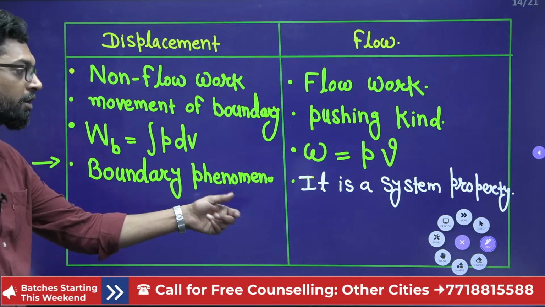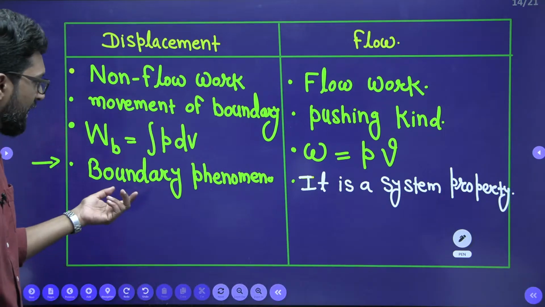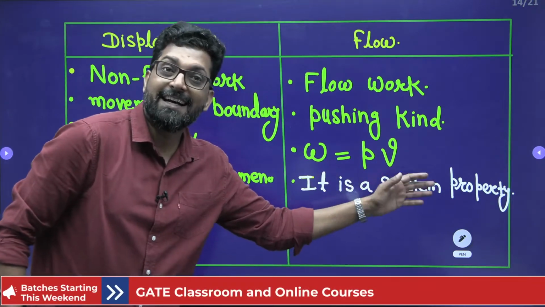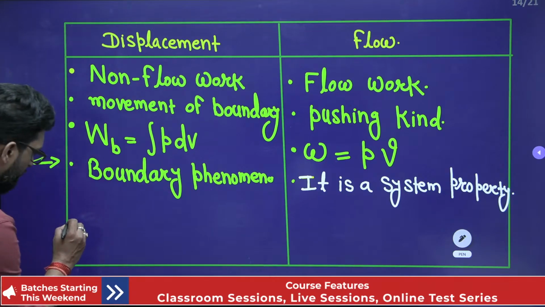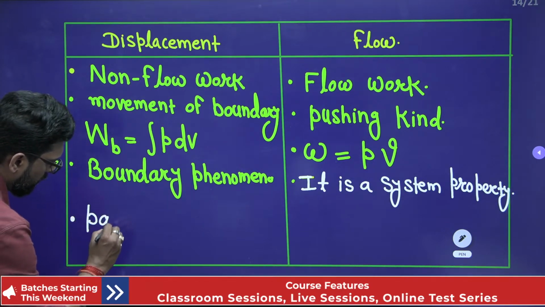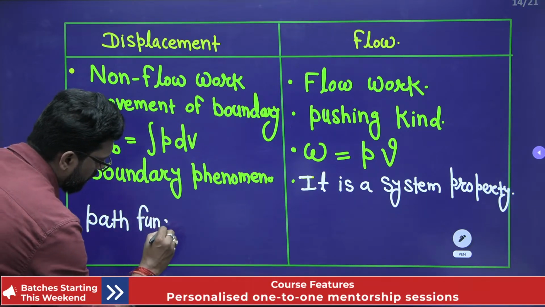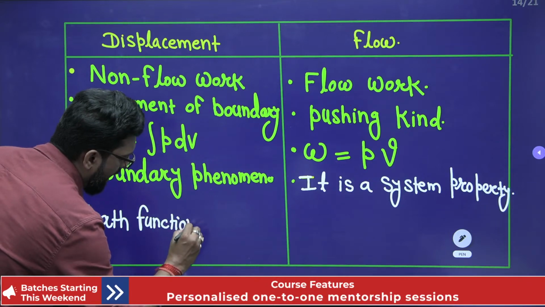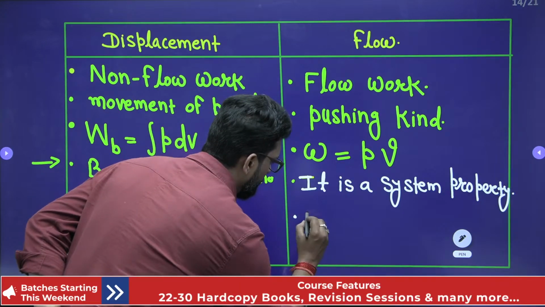It is not a boundary phenomenon. It is a system property. That means these depend upon the property, but these depend upon the boundary phenomenon. This is your path function, work, and this is your state variable.